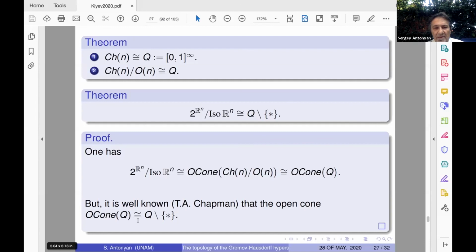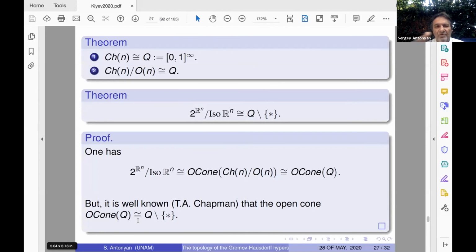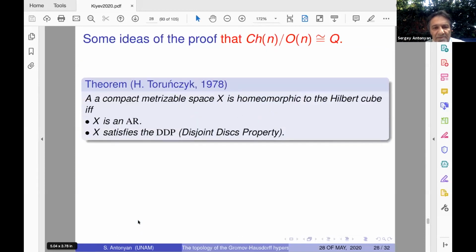In fact, this is the end of my talk, because I have no more results here. There are some arguments on how to prove that it is a Hilbert cube, but in this case, the idea does not say many things. By Toruńczyk's theorem, the Hilbert cube has two ingredients: being a compact absolute retract, and satisfying the so-called disjoint disks property.